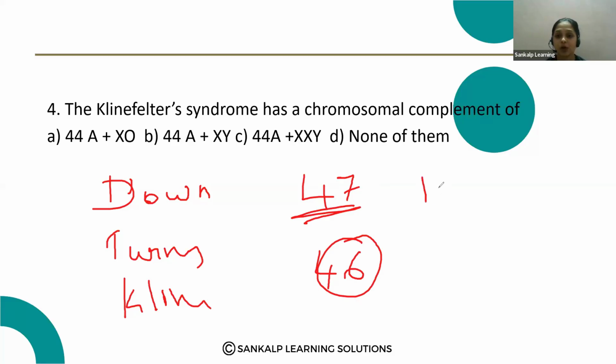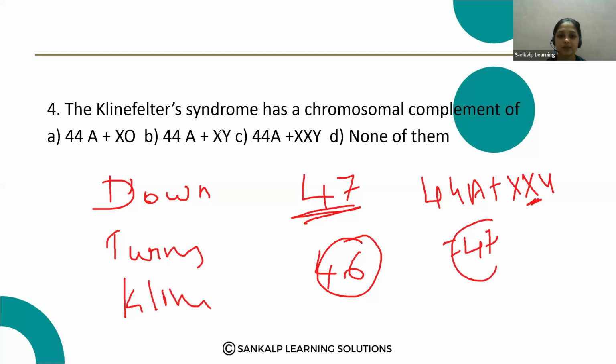That is because 44 autosomes are normal, plus not XY or XX, they have XXY. One extra X chromosome is there. So the total number of chromosomes is 47. They may give it as 44 plus XXY, or as 47 chromosomes.